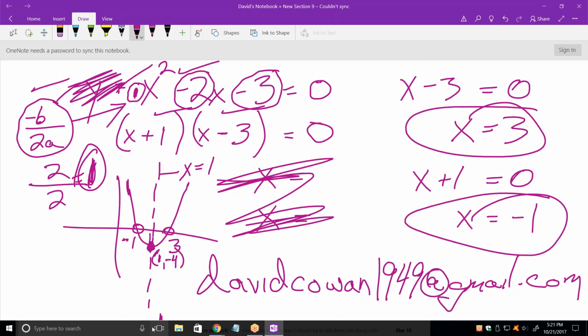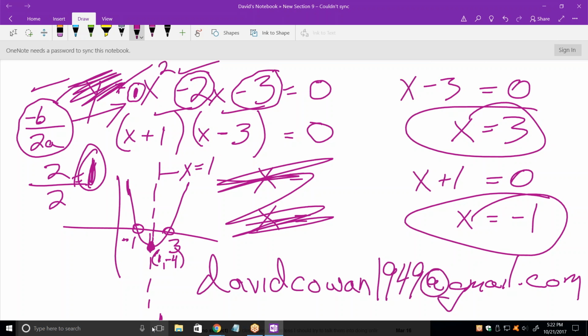We only set it equal to 0 when we're trying to solve for the x-intercepts. But the equation itself is y equals x squared minus 2x minus 3. So if you want to know what y is when x equals 1, just plug 1 in for x and do the math. And when you do that, you get minus 4.